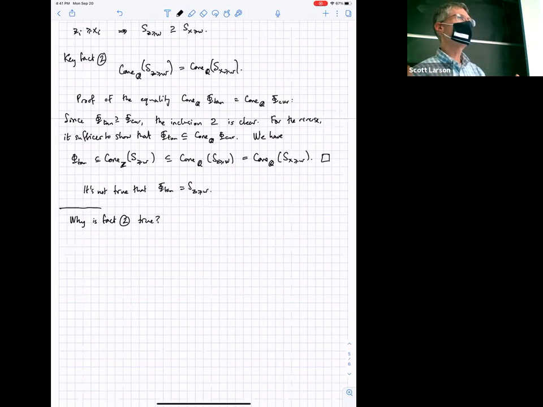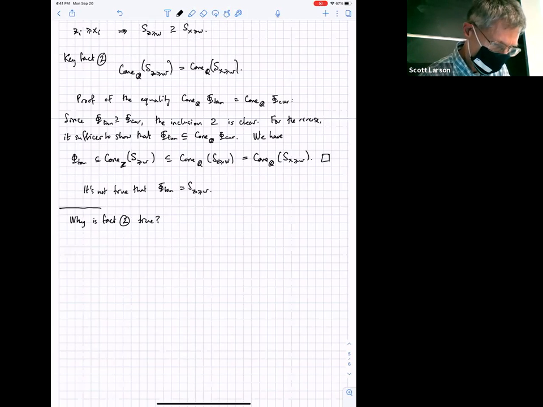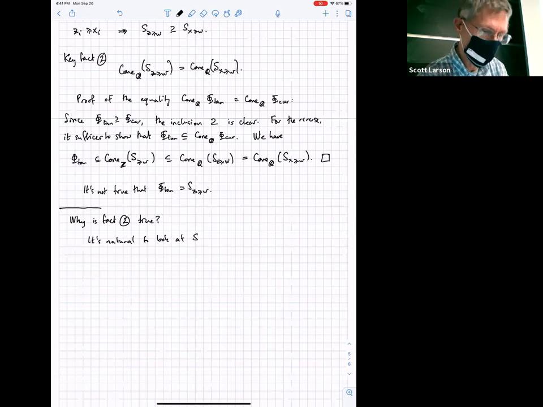So if one is considering cones, one always wants to consider indecomposable elements and try to write things in terms of indecomposables. So it's natural to look at elements of S and see which elements are decomposable.